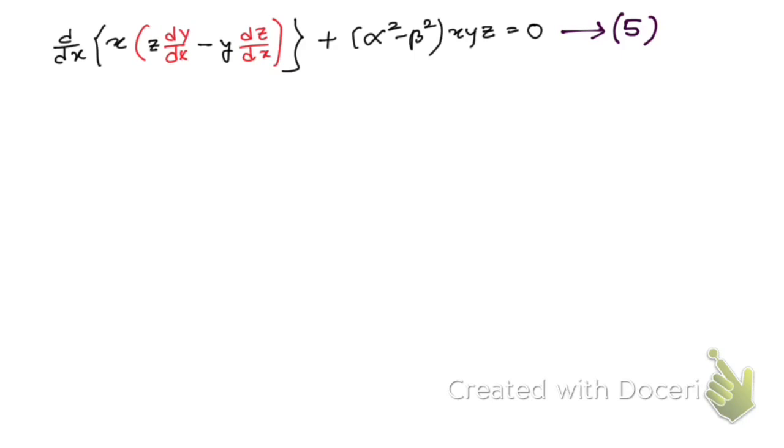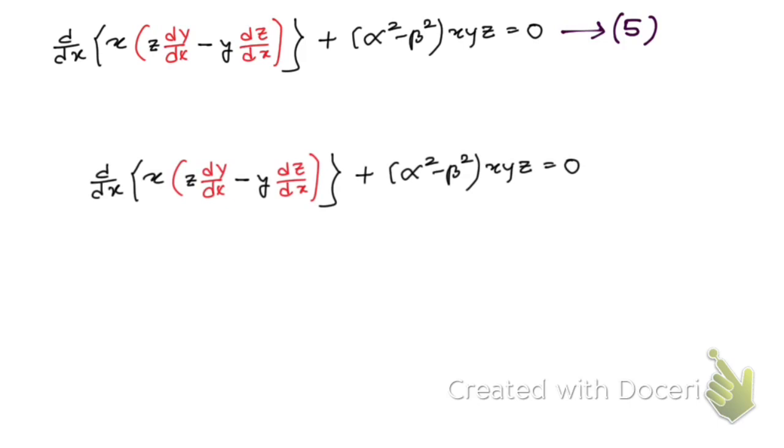Now let me integrate equation number 5 with respect to x from 0 to 1. If we integrate this from 0 to 1, on this side we have 0, so that's going to remain 0.